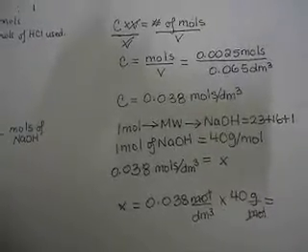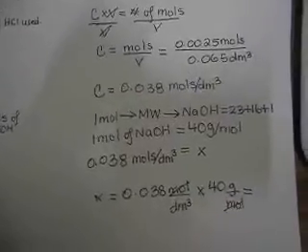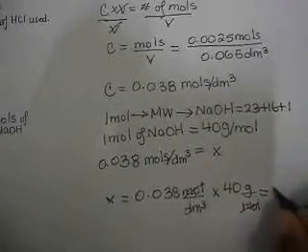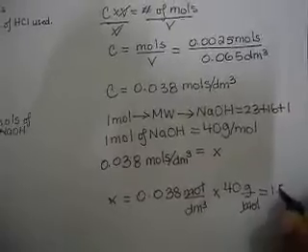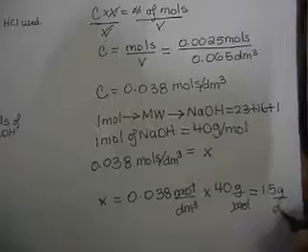Times 40 gives you 1.5 grams per dm cube.